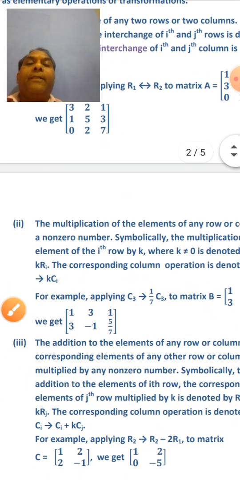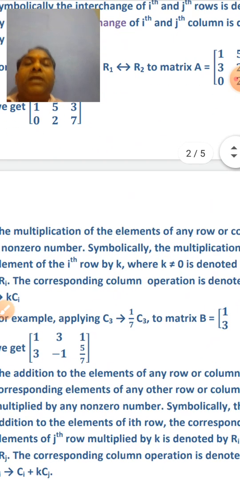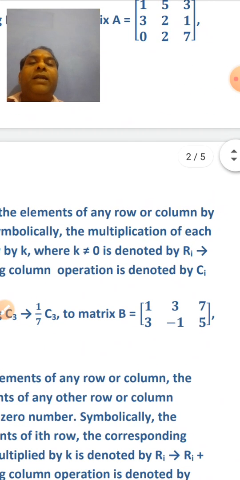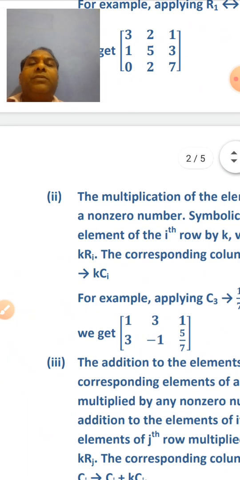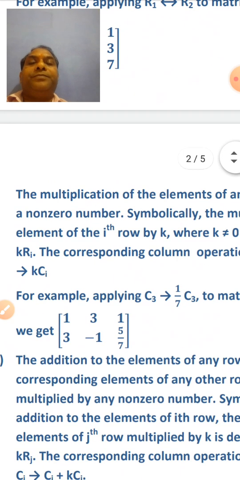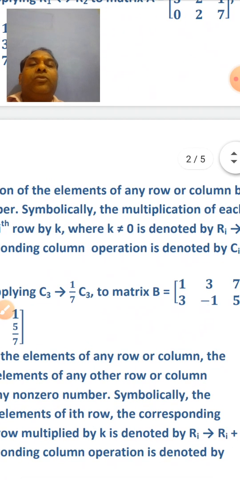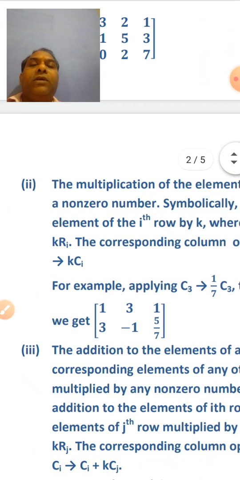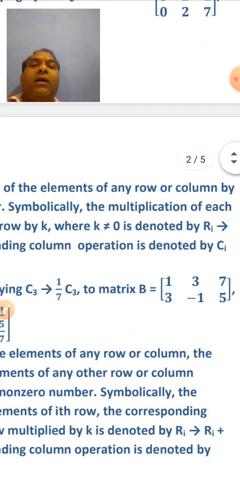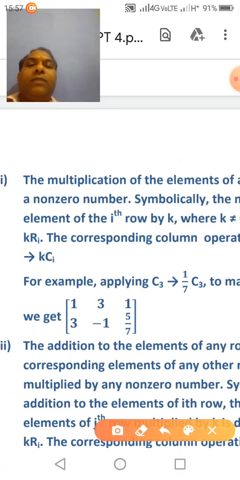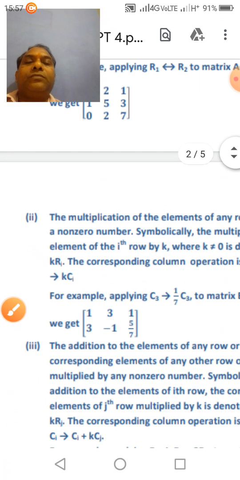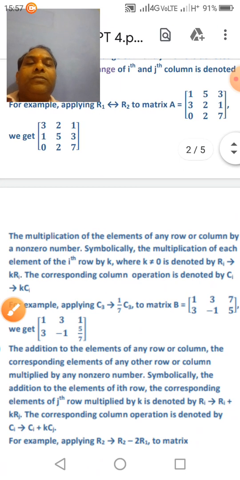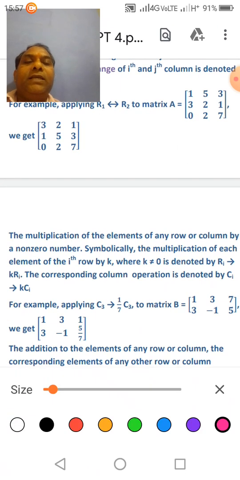Now the second operation: the multiplication of the elements of any row or column by any non-zero number. You can represent this operation, in case of row, as Ri is changed by k into Ri.